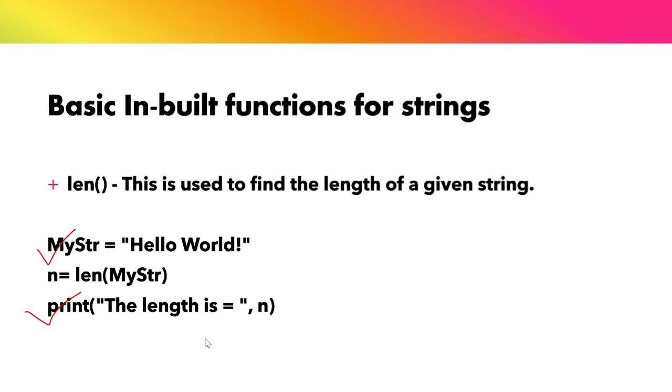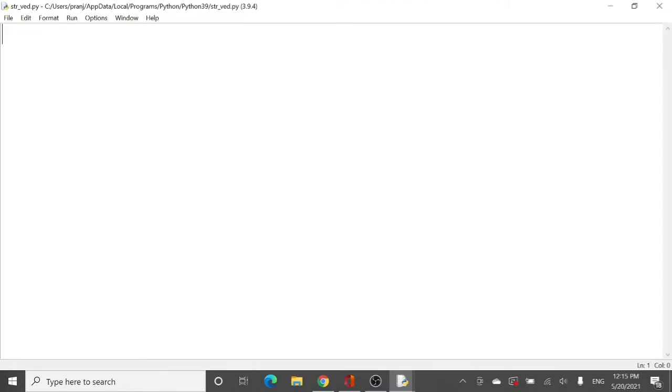Let us go to the IDLE and see how this length function is working. So here I have taken my str is equal to hello world with a mark. Now this is my string.